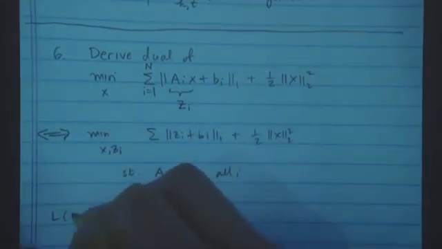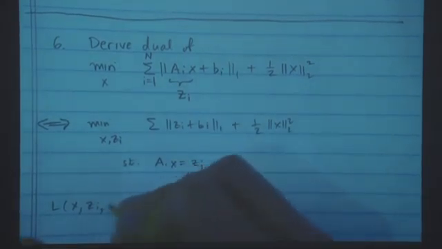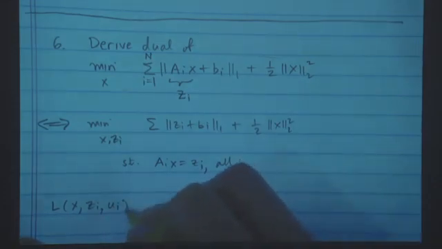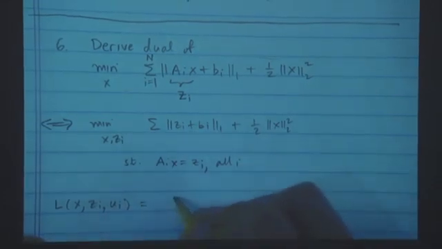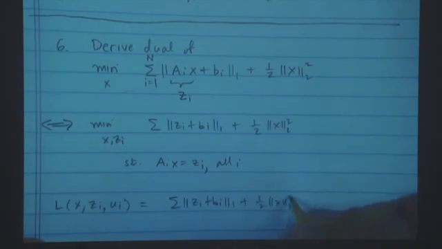So the Lagrangian now is a function of our primal variables, x and zi, and also of dual variables, which we'll call ui. And right, we just have the criterion, plus u transpose. And here I don't think it actually matters whether you write it as zi minus ai x or the other way around.